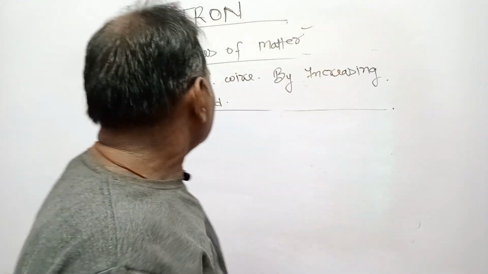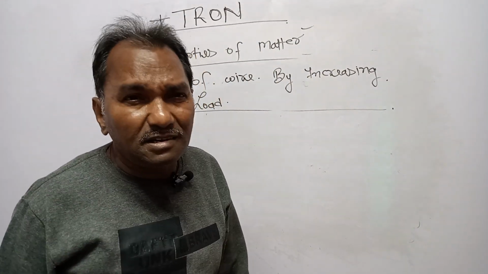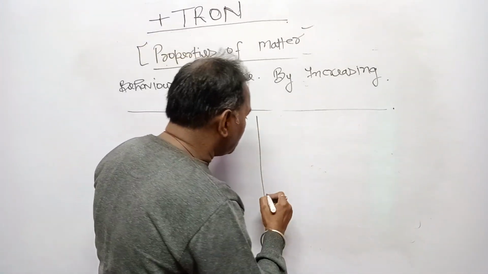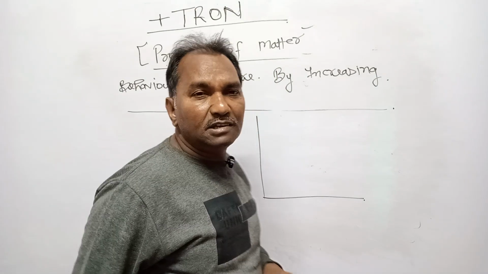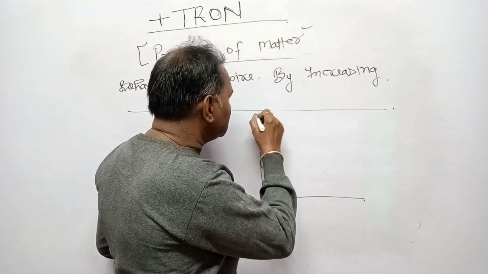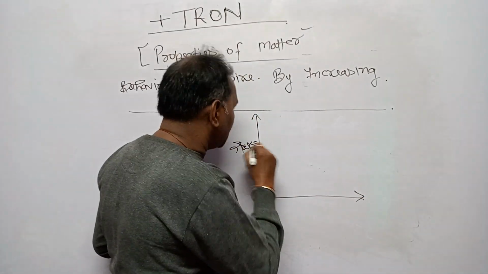Okay, so dear student, the behavior of a wire by increasing the load. How does a wire behave if stress is increased, if the load is increased? I'm plotting a graph between stress and strain.